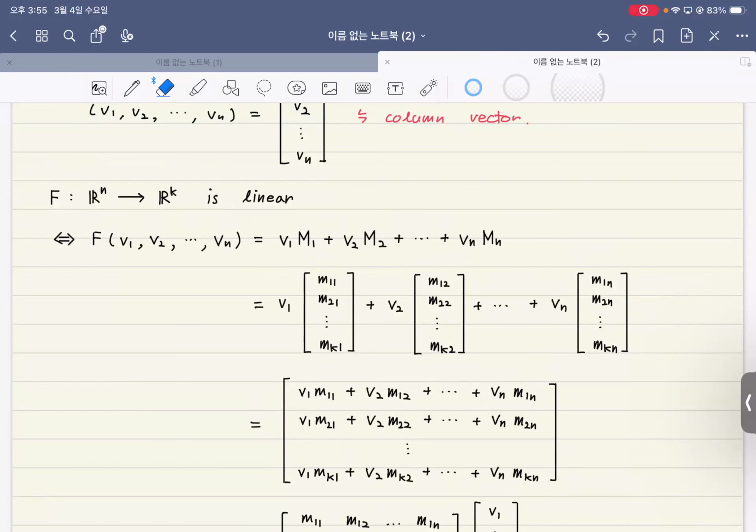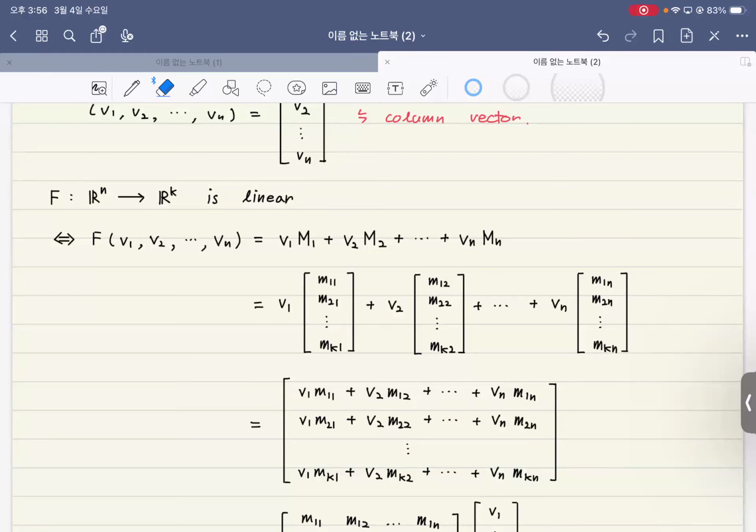Suppose that f is linear, then the function value of f at this vector can be written like this. And what are these vectors from M1 to Mn? These can be understood as the function values of f at the standard unit vectors. And as I told you before, these vectors from M1 to Mn are actually k-dimensional vectors, right?